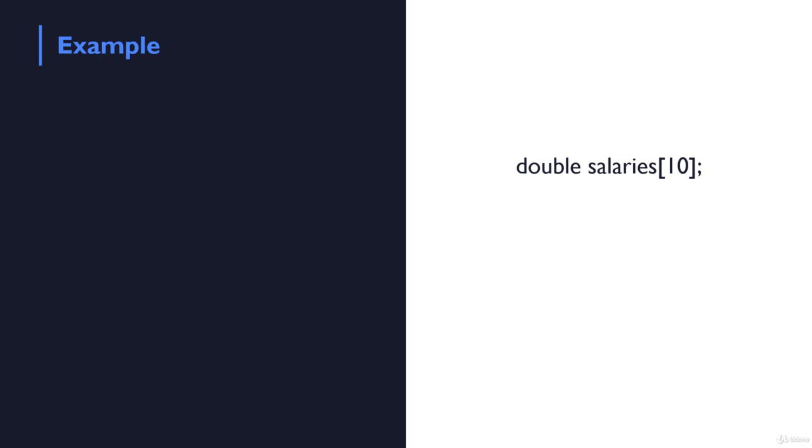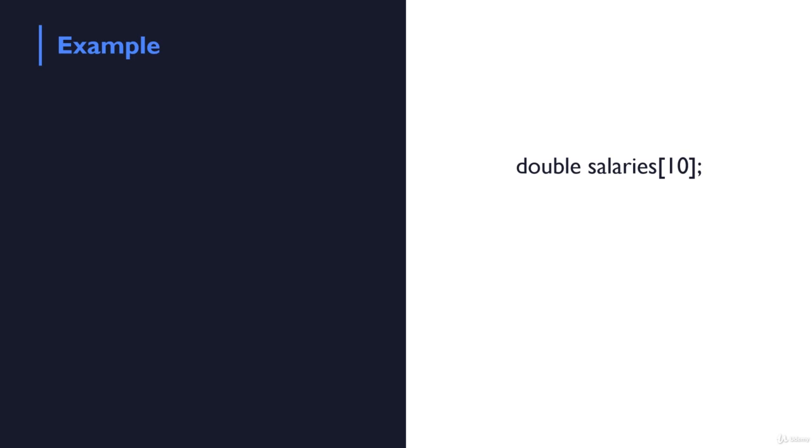Because the type of the salary is probably not going to be of an integer type, but rather it would be of a double type or a float type. So that's why we created an array of floating point type values, and probably in a company there is more than just one employee. So for example 10 employees, and we therefore created an array of size 10.